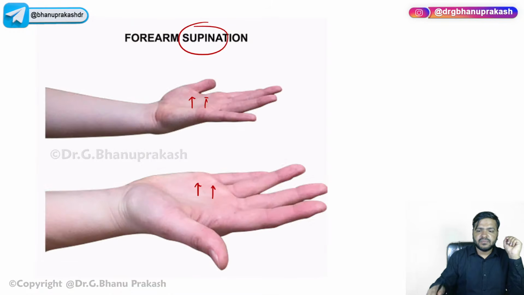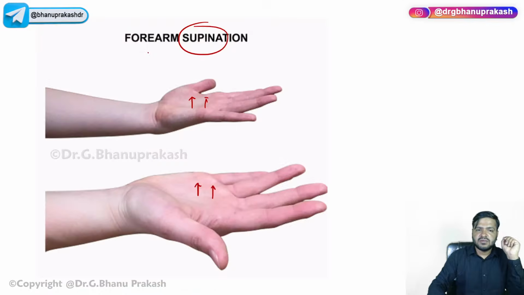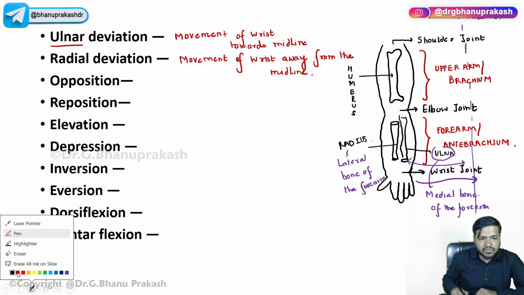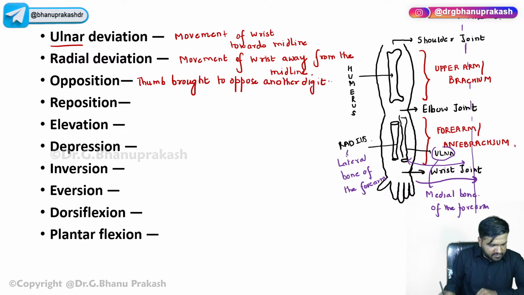So write it down. Yes, we have already discussed opposition and reposition. Write down that opposition means thumb brought to oppose another digit, right?